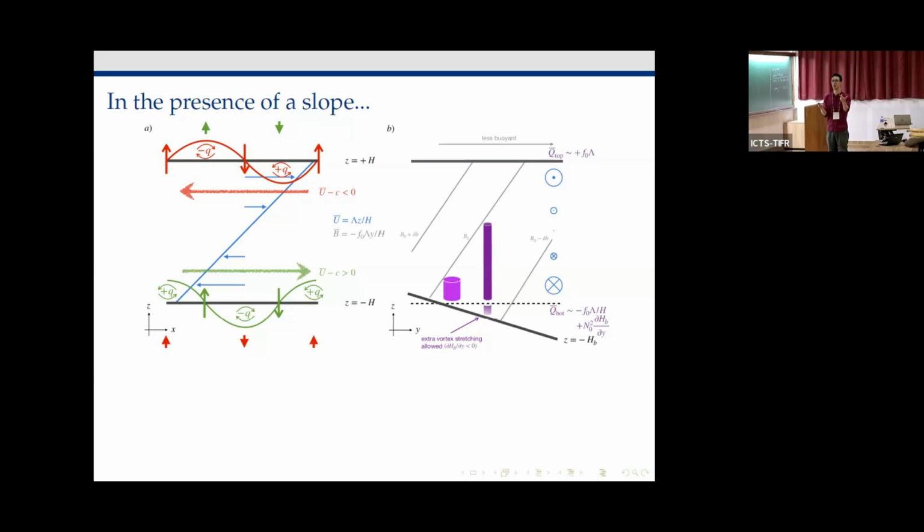Just by the flow, this would have u minus c, but then there is an induced velocity from the bottom to the top, which also contributes. So the phase locking would be that the net propagation of the wave, from the intrinsic part, the contribution from the mean flow, and the other wave, is not necessarily 0, but is maintaining the same phase shift relative between the two waves, and vice versa from the bottom.